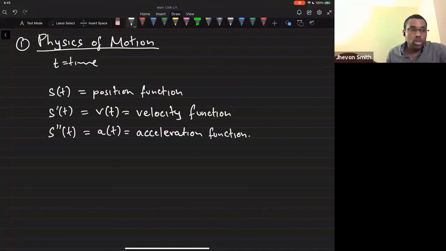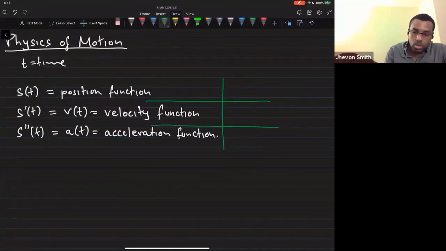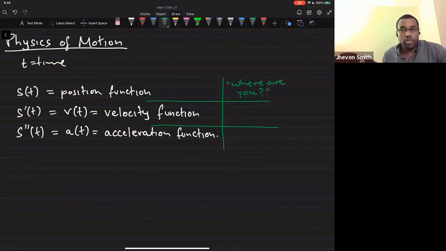Now, these functions tell you different things. This one is like position. Like, where are you? Now you can find the rate of change of position, which is velocity. So this is answering the question, how fast are you moving?